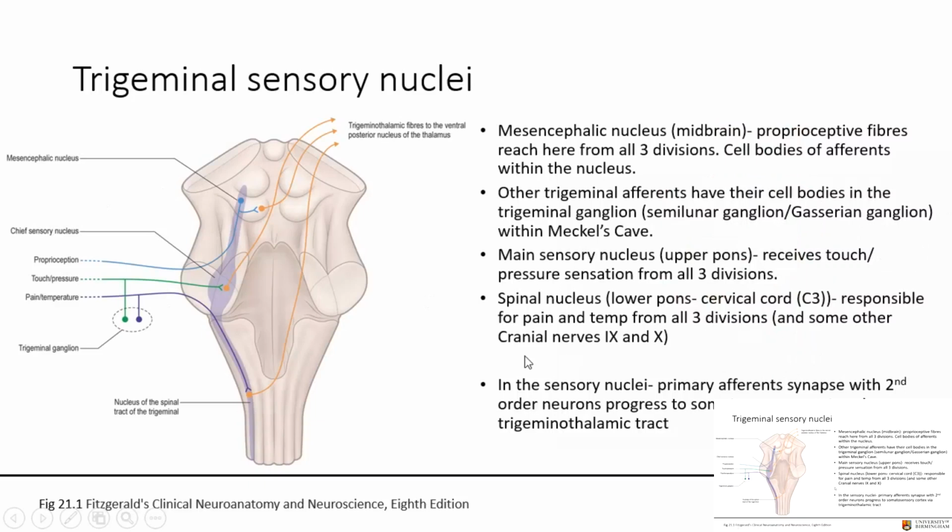What else? So yeah, we have three main nucleus. This diagram here is a coronal section, looked at from a posterior view of the brainstem.